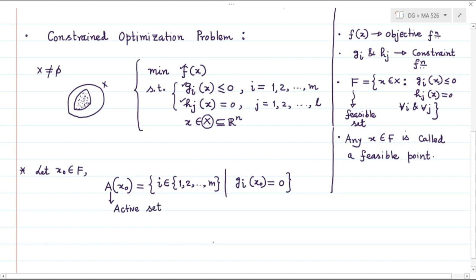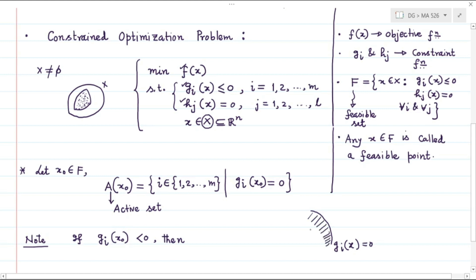It says that if a constraint is inactive, let's suppose I have some i which is inactive, then what will happen corresponding to this i? Let's suppose g_i(x0) is less than 0, and this is my surface for g_i(x) equal to 0, and let me say this is my set g_i(x) less than or equal to 0, this side.